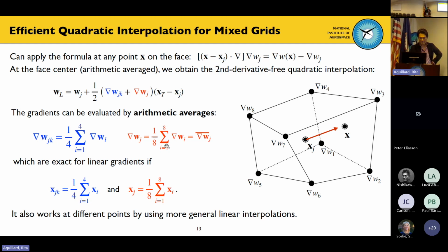And same for the cell average. So we can use this form exactly in the same way, as long as we linearly interpolate the gradient at the face center and the cell center. And using arithmetic averages to get the coordinates, you can use the arithmetic average. If you move this point around, then you will need more general linear interpolation coefficients.